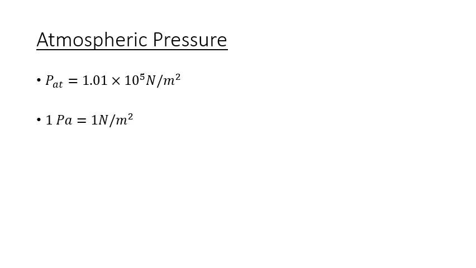So instead of Newton per square meter, you can write this same atmospheric value as 1.01 × 10^5 Pascal. And if you want to write it in different units, you can convert into kilopascal, so you can write 101 kilopascal.